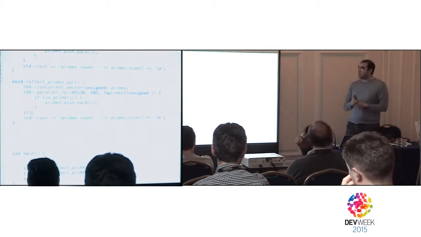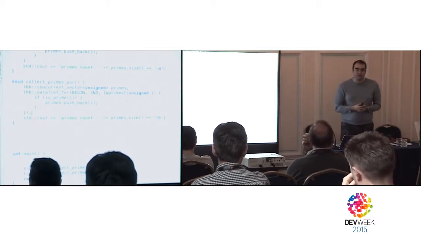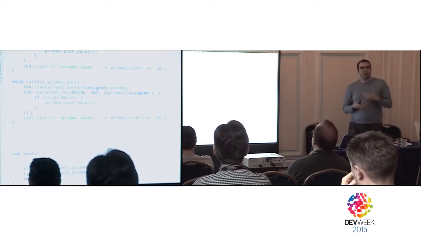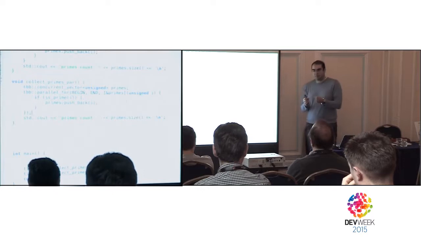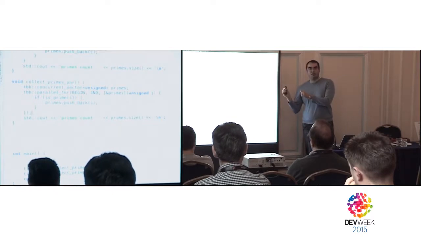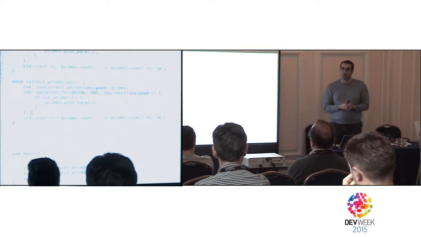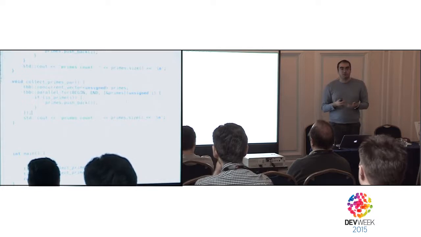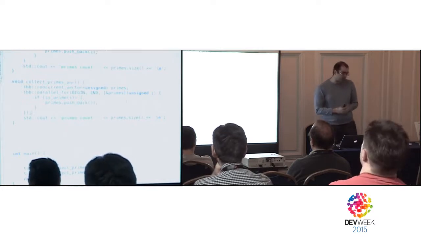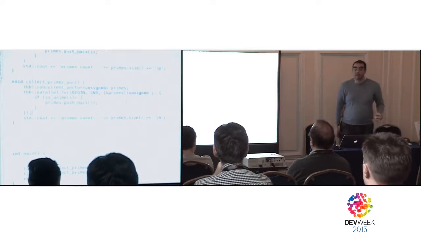So this is an example of a library which is designed for lambdas. It expects callbacks. It expects you to pass in functions. And if you have to write a separate standalone function in every single case, you'd probably not use the library as much as you should. Lambdas make it really, really easy to consume this kind of API. And you'll see this more and more in the STL as well.